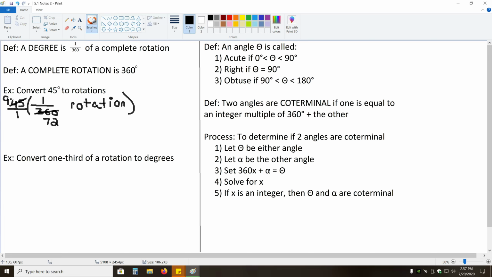And then from here, 9 and 72 have a common divisor of 9. So we can divide the top and bottom by 9, leaving us with 1 over here and 8 over here. So 45 degrees is the same thing as 1/8 of a rotation.